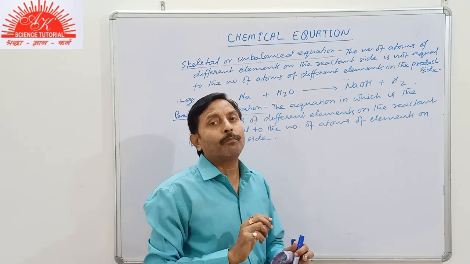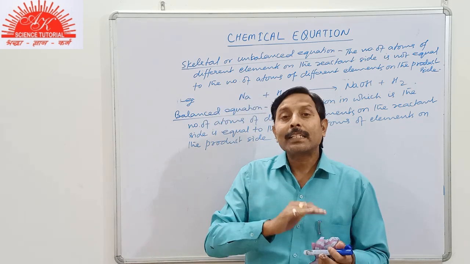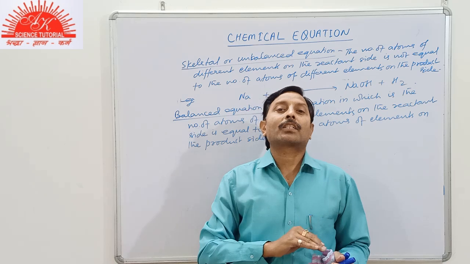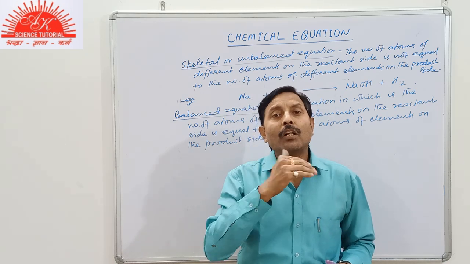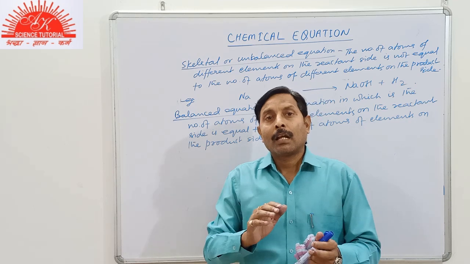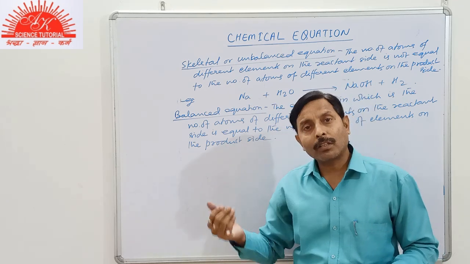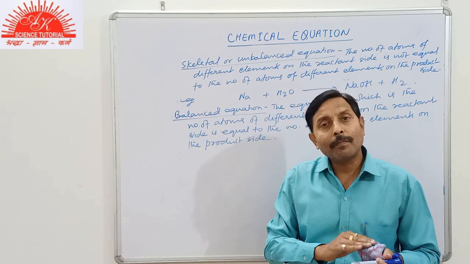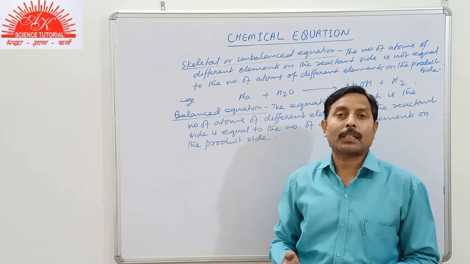The principle of conservation of matter states that matter is neither created nor destroyed. It obeys the law of conservation of mass. Whatever the mass on the reactant side, it must be present on the product side. Whatever the number of atoms on the reactant side, that must be present on the product side.